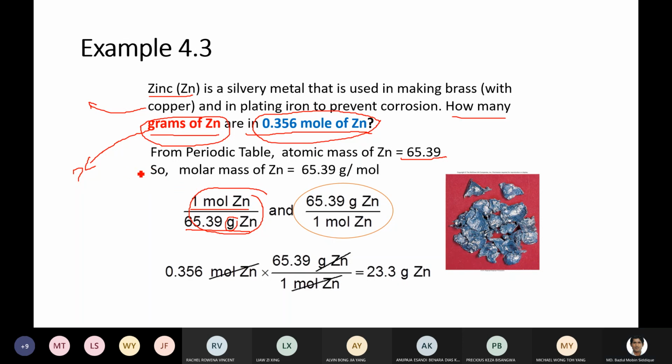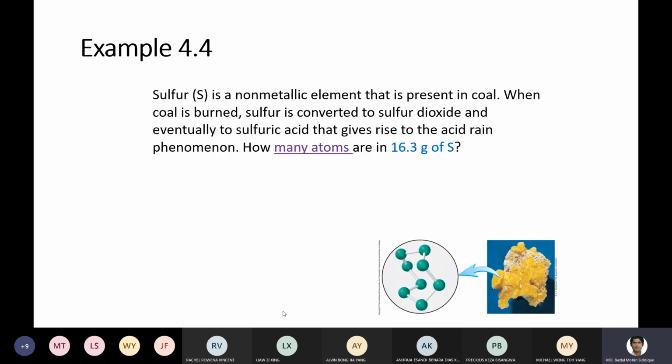So if we put it here, the gram is not coming up, and we are not expressing it in grams. So we have to inverse it. That means 65.4 grams of zinc in 1 mole of zinc, and then 0.356 mole of zinc gives us 23.3 grams of zinc. From here we find it, right?